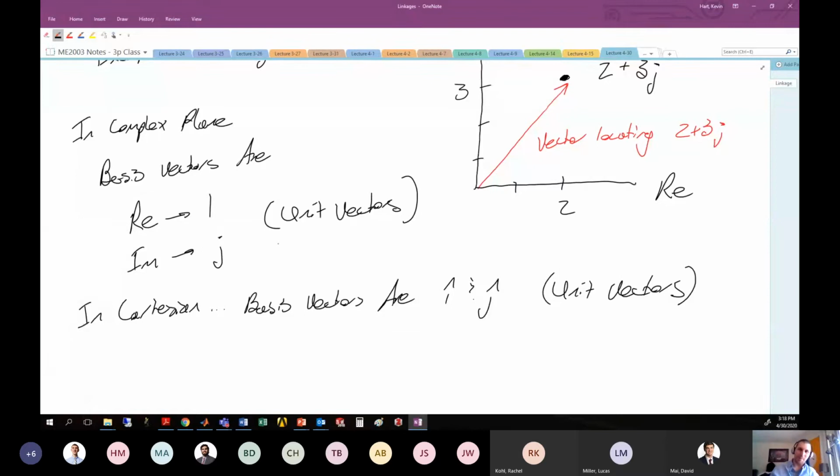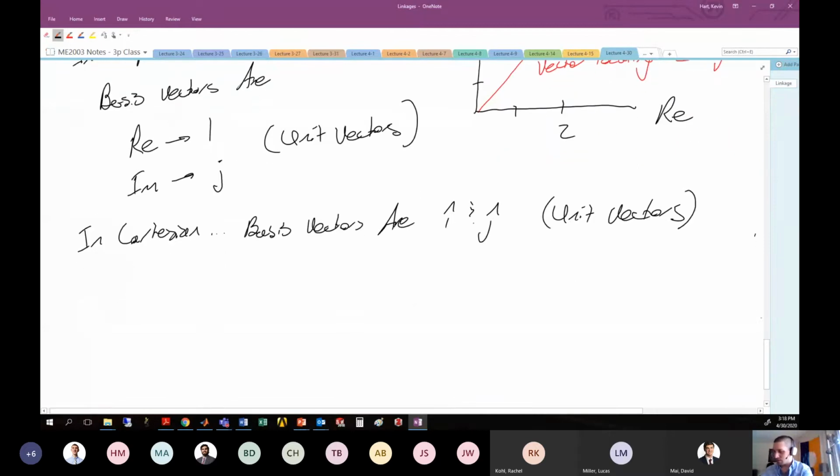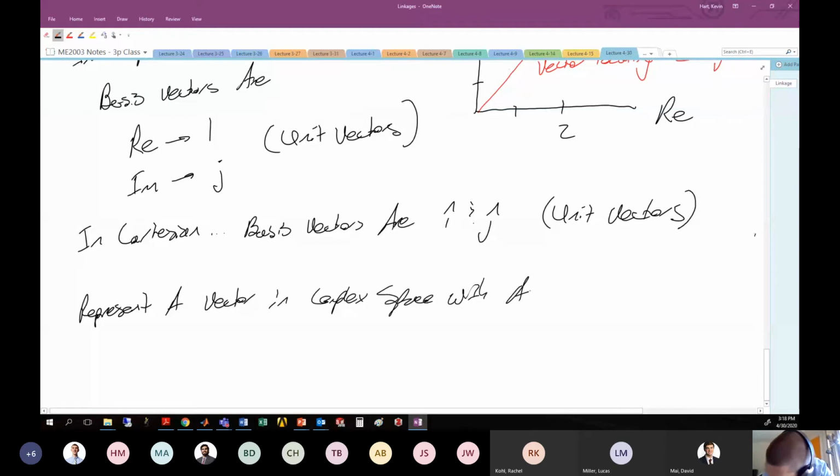If you want to represent some imaginary number, it's j times something. And those are the two basis vectors that make up that two-dimensional space. That's what we mean by that general idea. Okay. So considering that idea, you could represent a vector in complex space with a complex number.